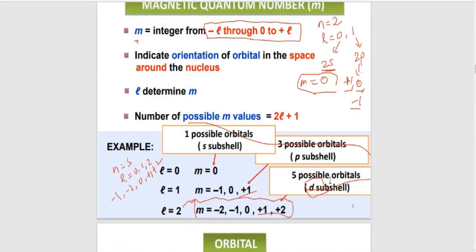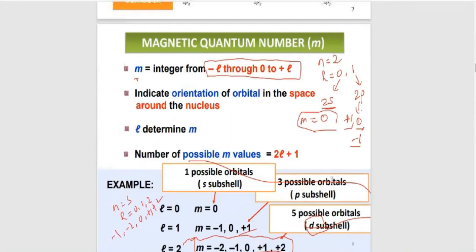Ini sebab dia. Okay, kalau kita nak tahu berapa possible M value, kita boleh pakai formula 2L plus 1. Okay, we can apply the formula 2L plus 1. Contohnya, kalau L sama dengan 0, 0 campur 1 memang satu nilai je.